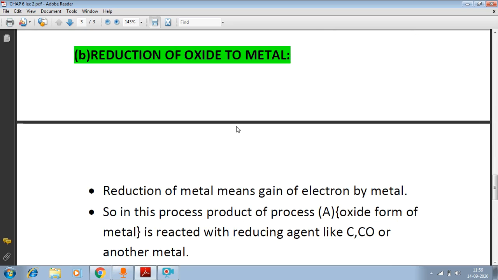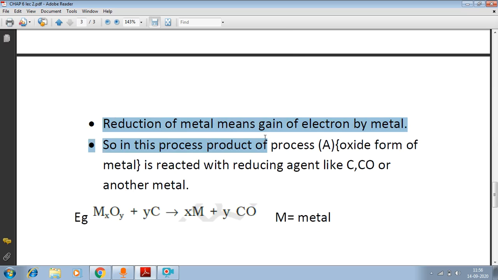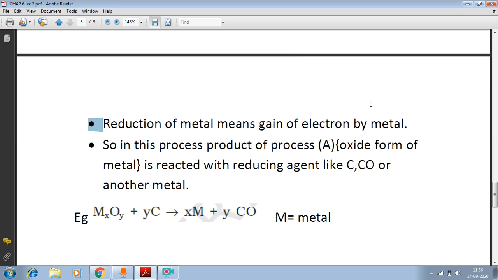Now the second step was reduction of oxide to metal. Now we have the oxide of the metal, and we are going to reduce that oxide so we can get pure metal. Here, reduction of metal means gain of electrons by the metal.